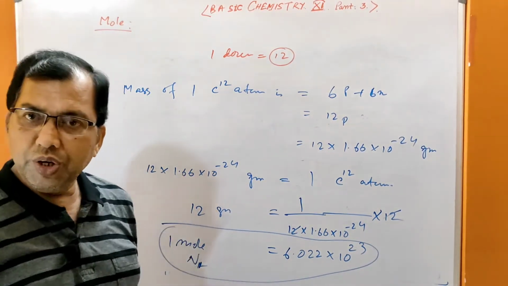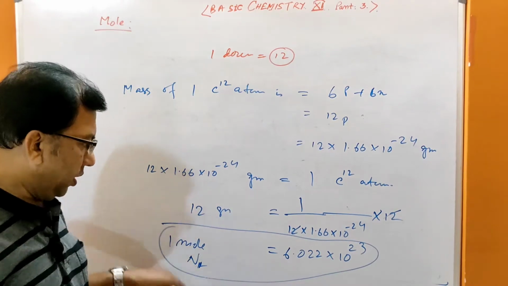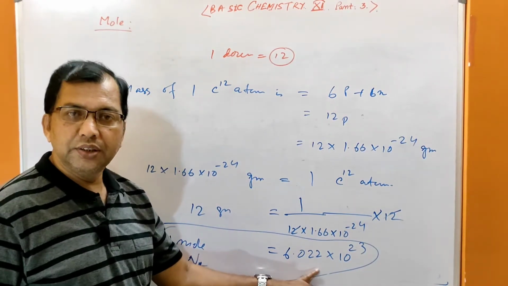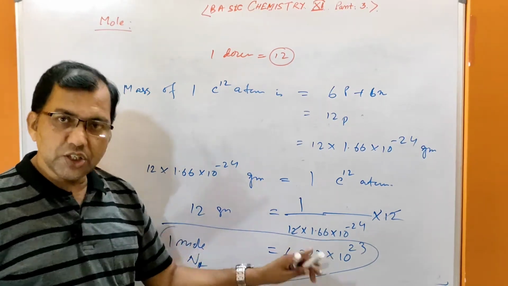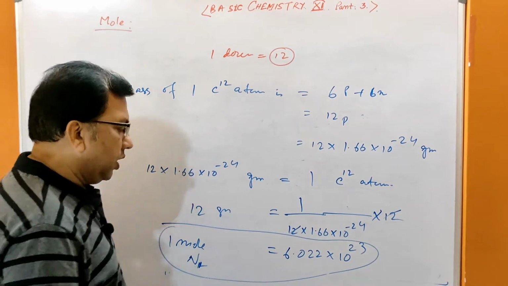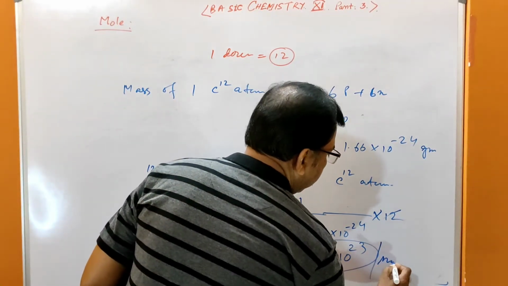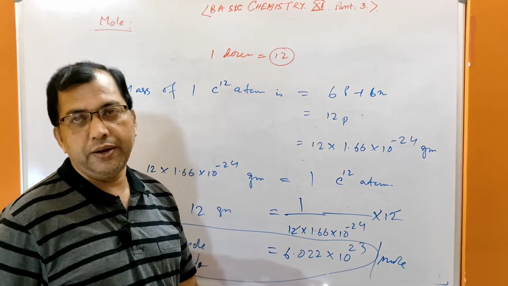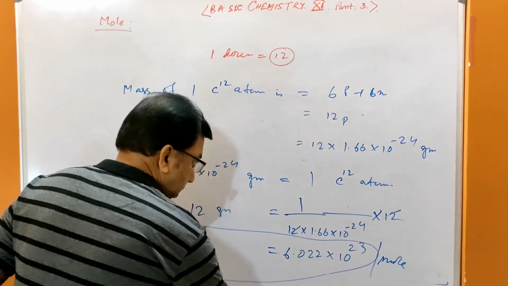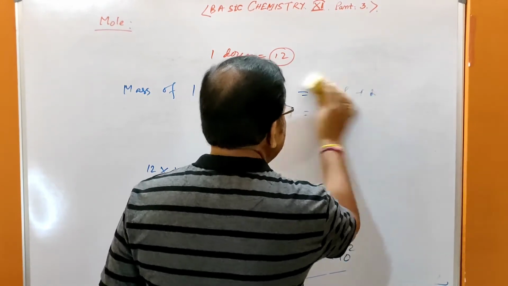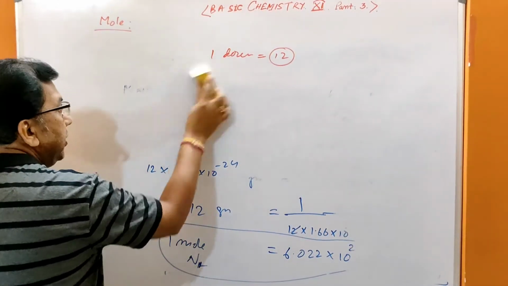Okay, it has no unit, but as it is a fixed number, it is also known as Avogadro constant. In case of Avogadro constant, the unit is per mole: so many particles per mole. Clear? Now the mole concept is done, and how its value came was also discussed.